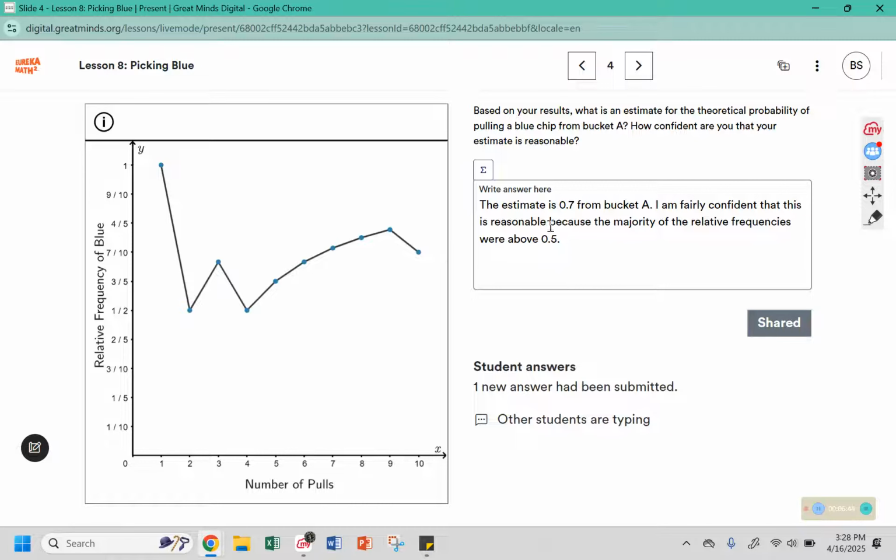So I'm thinking that 0.7 is a reasonable estimate since the majority of them were above half.